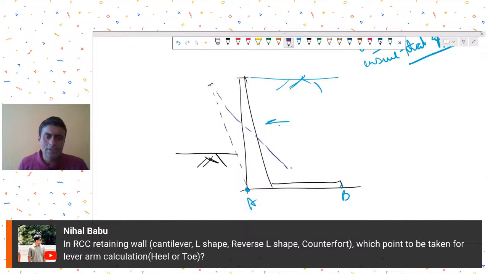So in such cases, you will check all your overturning effects about this point. You get it? So it will depend on what type of system you are having. About whichever point the system will have a tendency to turn, that point should be taken for lever arm calculations, and for calculating the overturning moments and resisting moments. Okay.